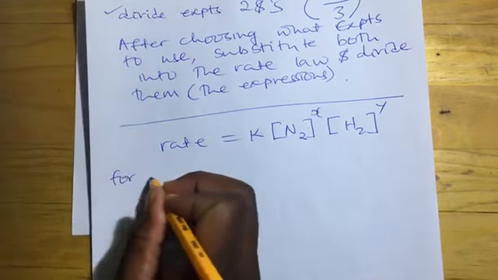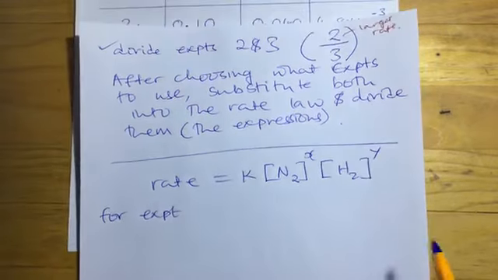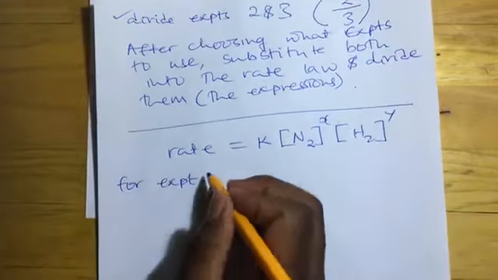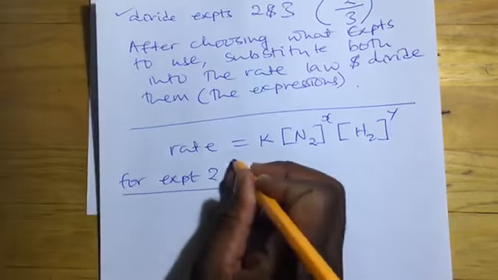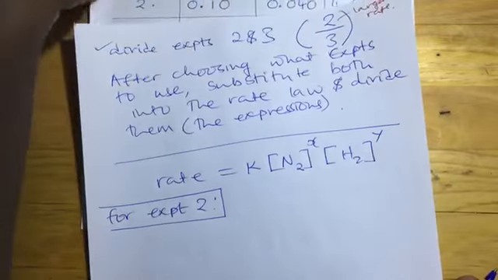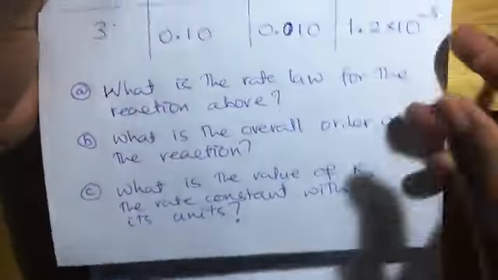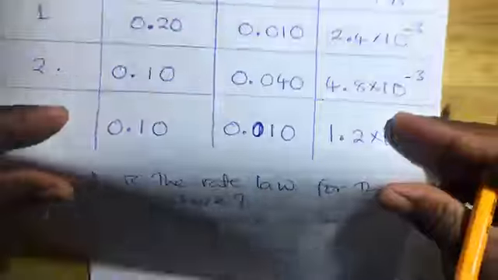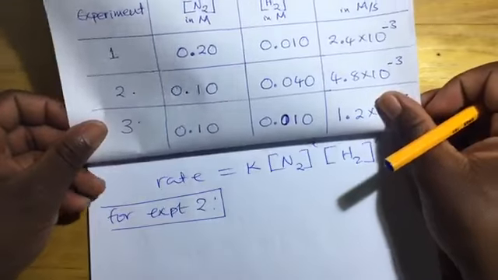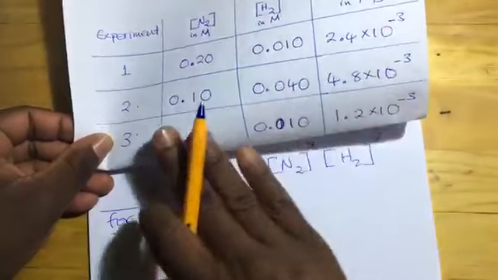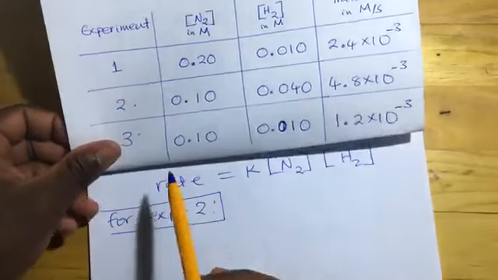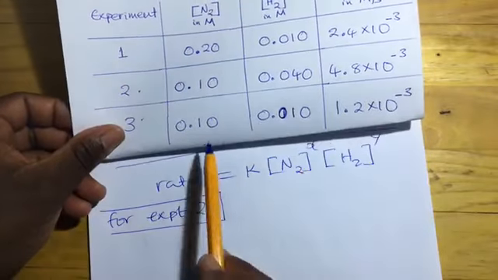So for experiment 2, I'll start with experiment 2. We substitute for experiment 2. So what do we substitute for experiment 2? We are going to substitute in the rate law.